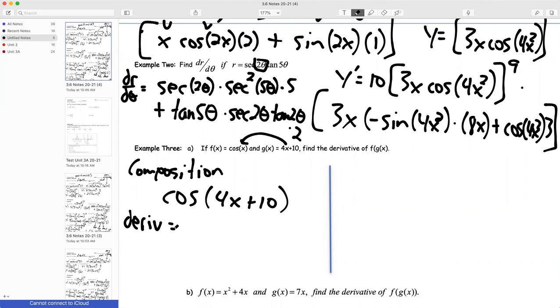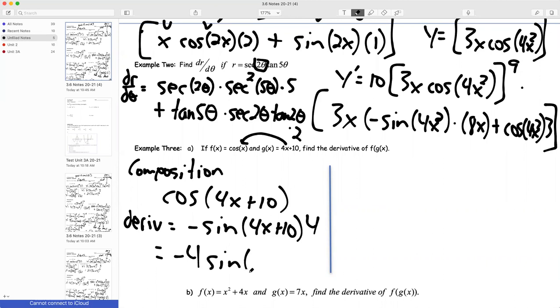The derivative of cosine is negative sine, so negative sine, bring down the 4x plus 10, times the derivative of the inside. The derivative of 4x plus 10 is 4. Most likely you would see it with that 4 up front with the negative 1, so negative 4 sine of 4x plus 10.